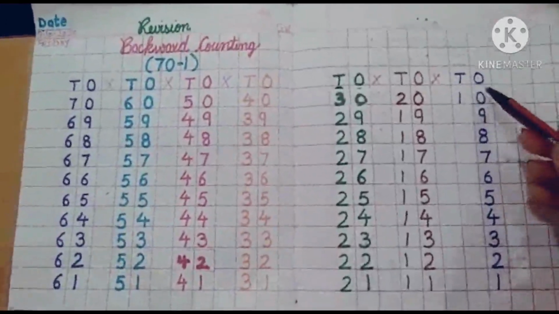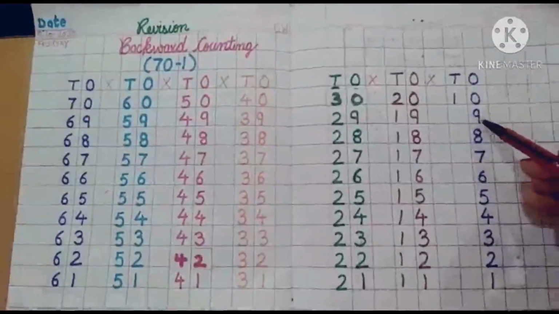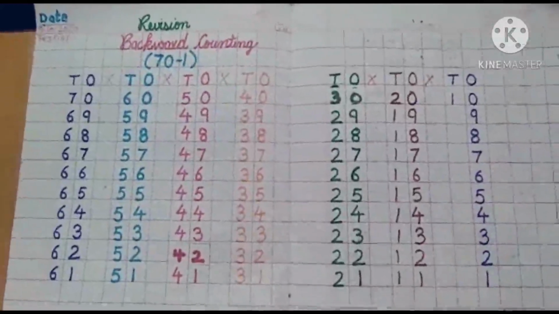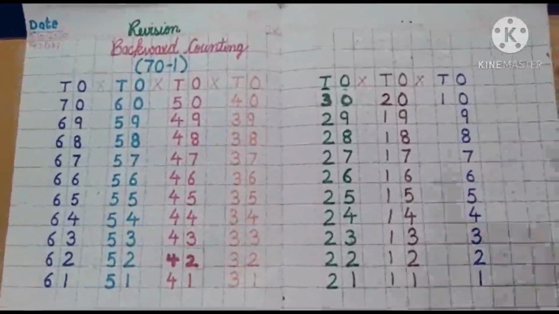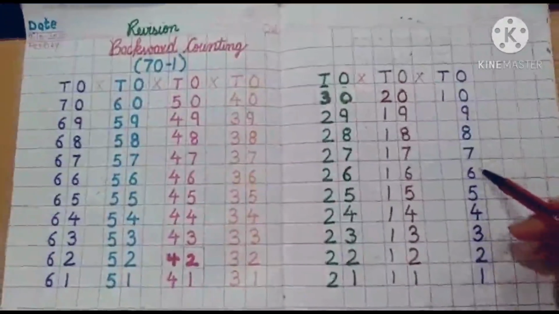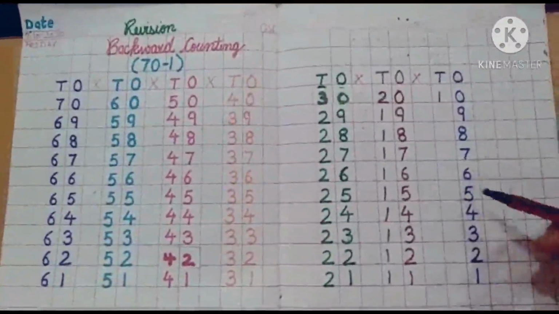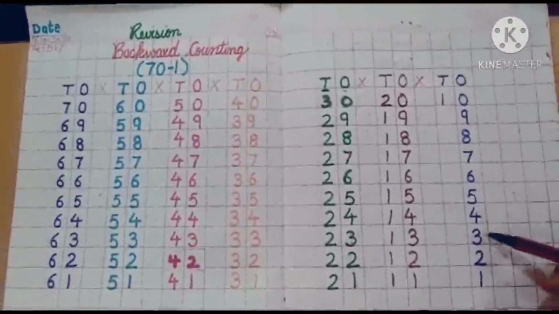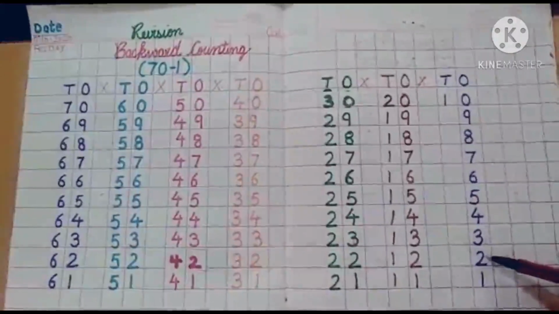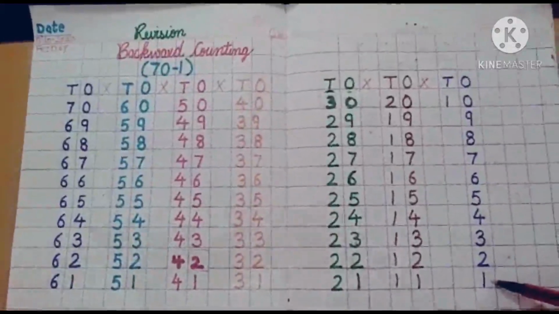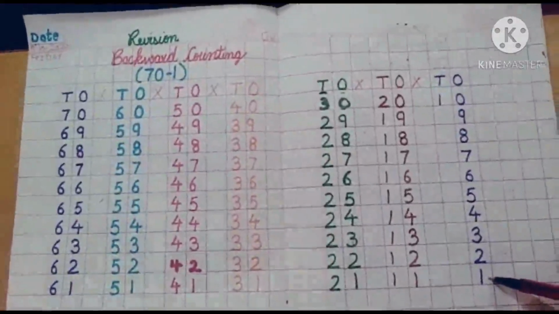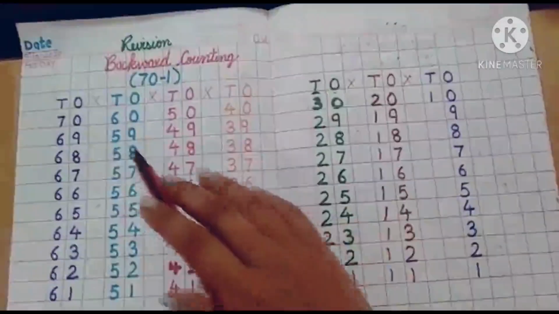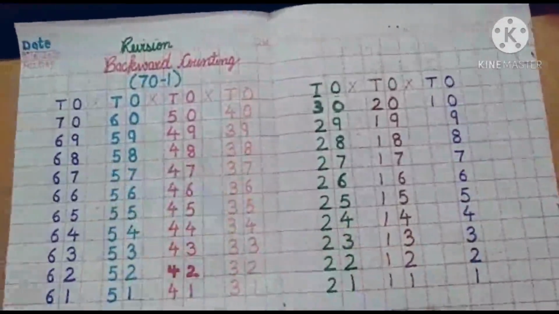10, 9, 8, 7, 6, 5, 4, 3, 2, 1. Okay class? Now again, 70 to 11.